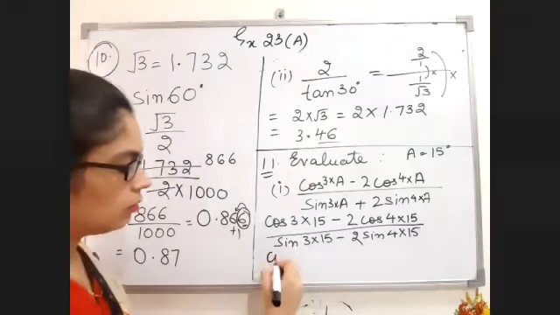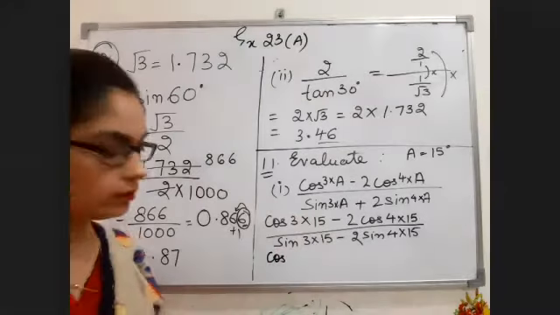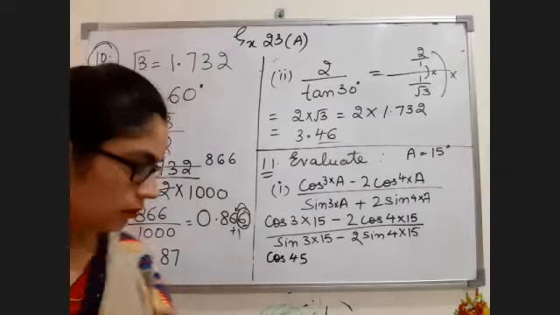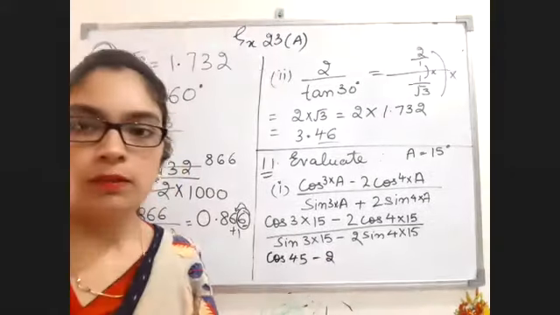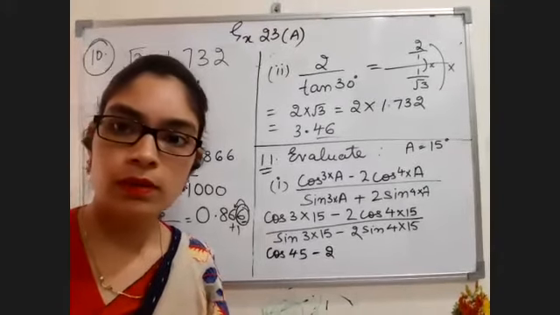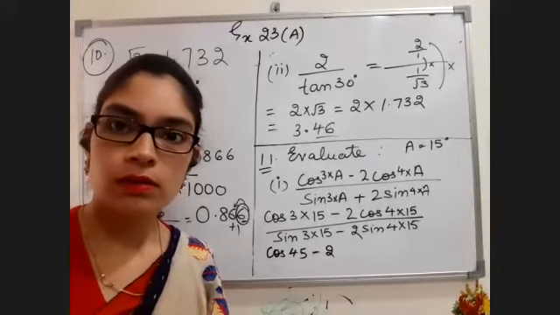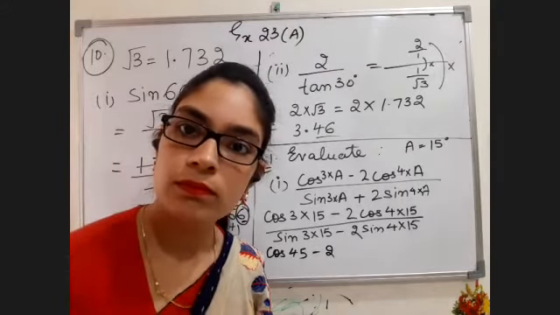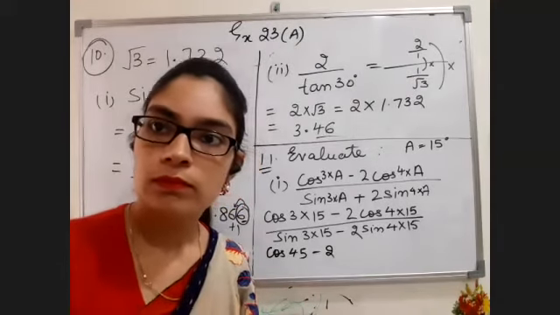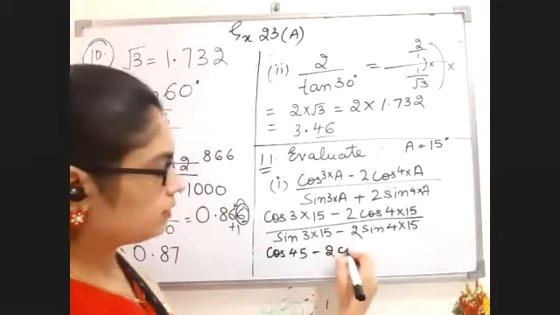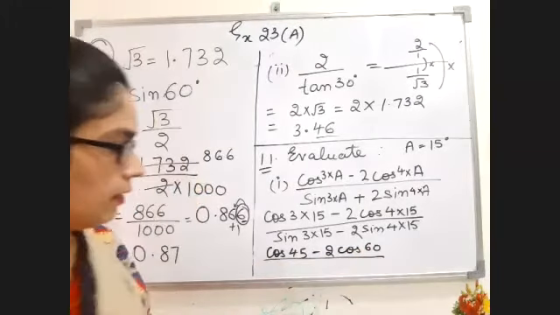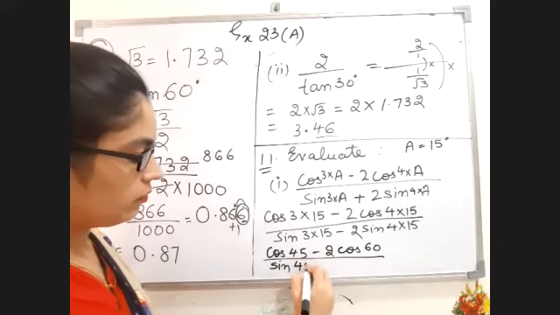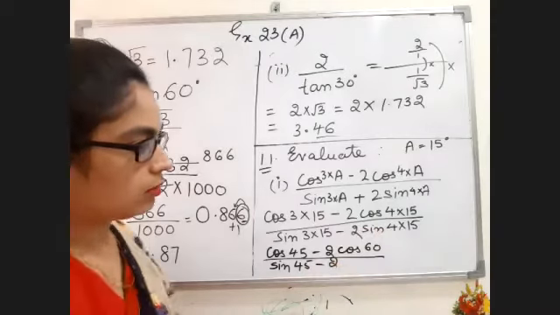So let's multiply now. Cos 45 minus 2 cos 60, by sin 45 plus 2 sin 60.